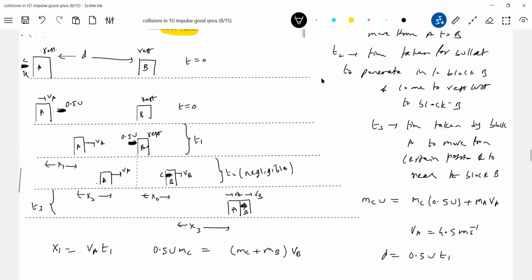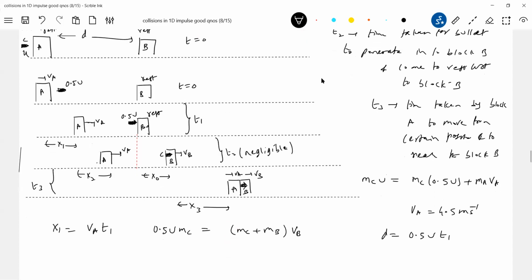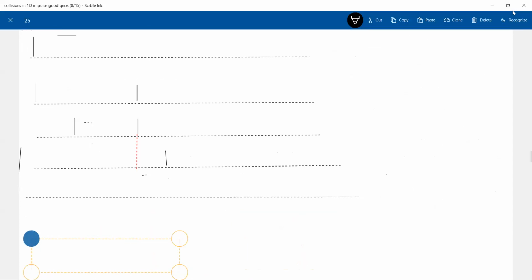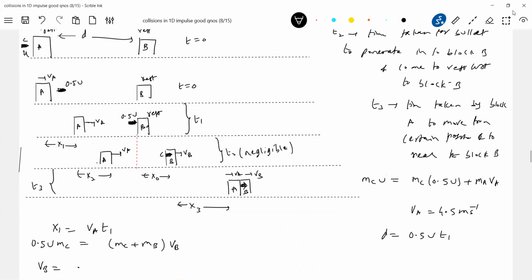I know the masses m_c, m_b, and 0.5u, so I'll get the velocity v_B also.